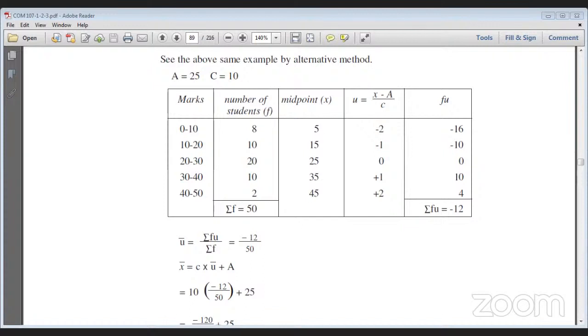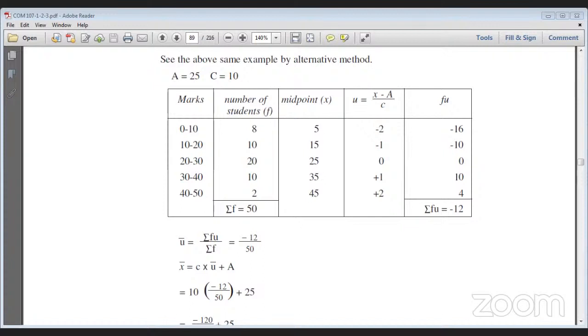Here the classes are 10 to 20 with frequency 6, then 20 to 30 with 10, 30 to 40 with 20, 40 to 50 with 10, and 50 to 60 with 4. Now the midpoints are 15, then 25, 35, 45, 55.